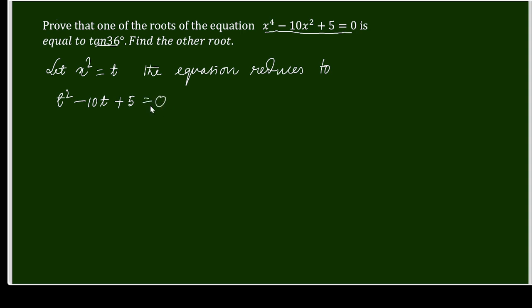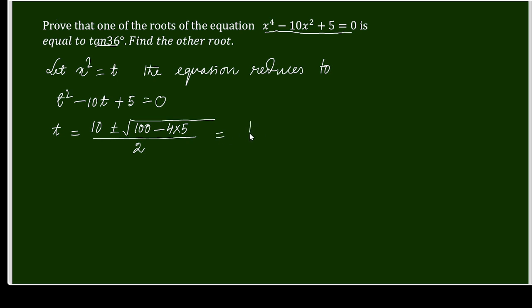So it is a quadratic equation in t. We know the quadratic formula. T equals minus b, which is 10 here, plus minus the square root of b square, 10 square, 100, minus 4 into 1 into 5, whole divided by 2.